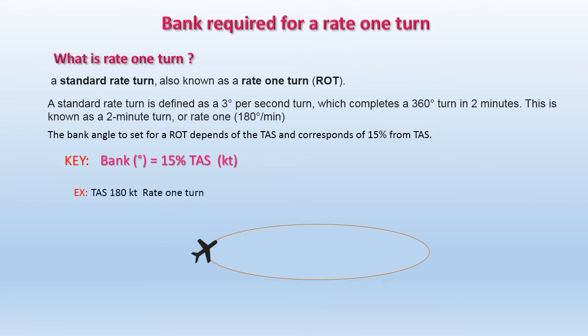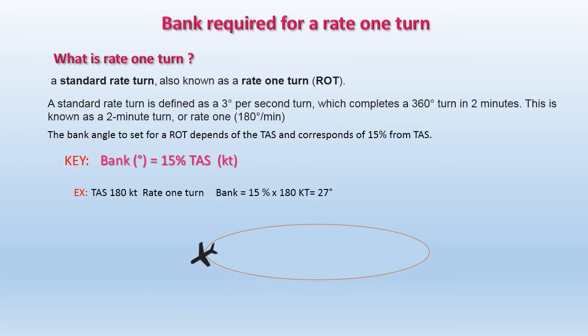Refer to the example: true airspeed 180 knots. A rate 1 turn should be 15% multiplied by 180, equal to 27 degrees of bank to make a 2 minute turn or rate 1 turn. The aircraft flies keeping 27 degrees to make a rate 1 turn.